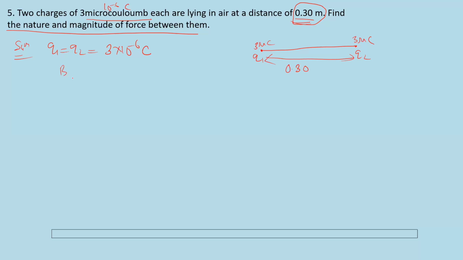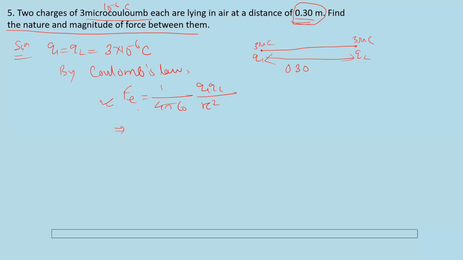What does Coulomb's law give us? The formula for electrostatic force. We know Fe, the electrostatic force, is 1 by 4 pi epsilon naught, the product of the two charges divided by the square of the distance between them, right? We write epsilon naught because the two charges are lying in air.